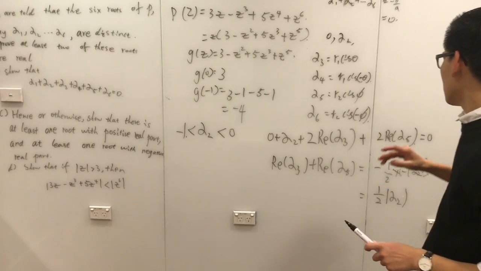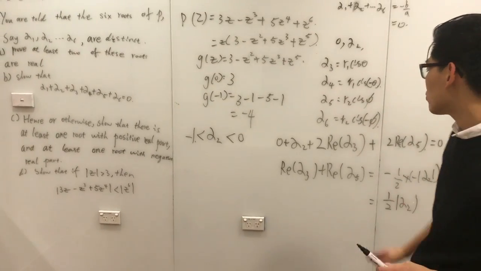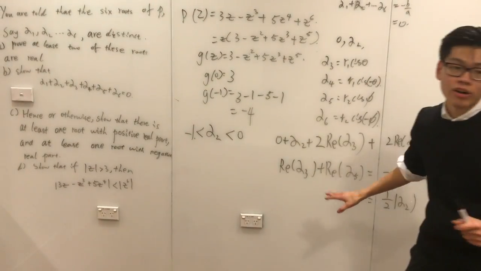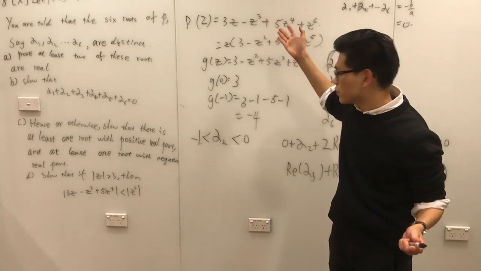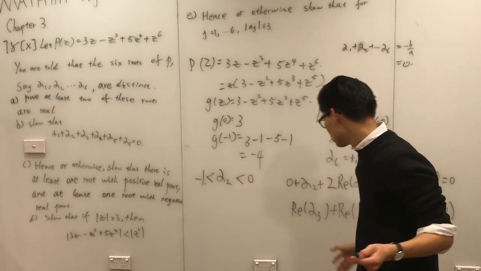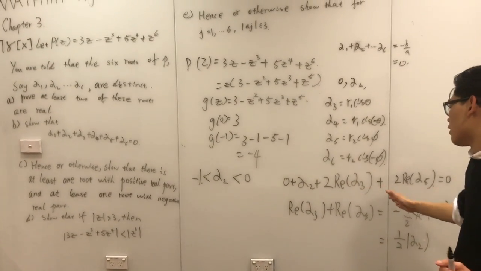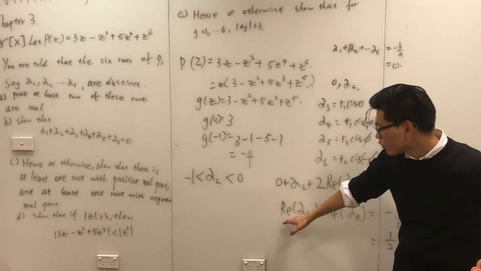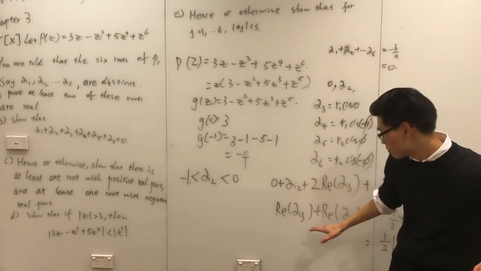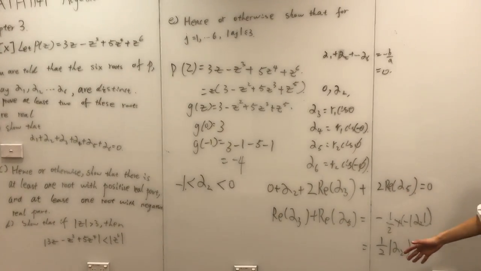Now, let's look at this. We know alpha 3 and alpha 5 can't be 0, because we only have one zero solution, which is z equals 0. So if the real part of alpha 3 is a positive number, then the real part of alpha 5 is a negative number.